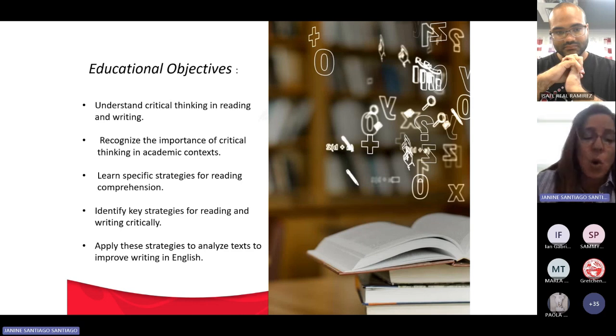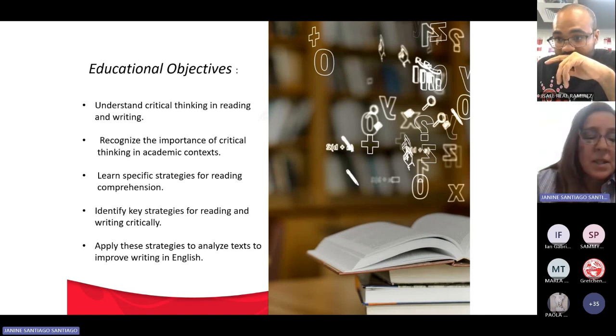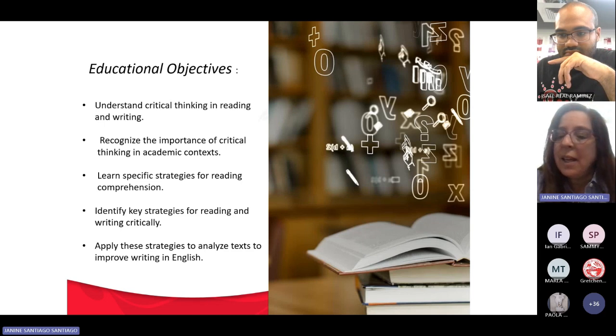Then you can identify key strategies for reading and writing critically, and later apply these strategies to analyze texts and improve writing in English.